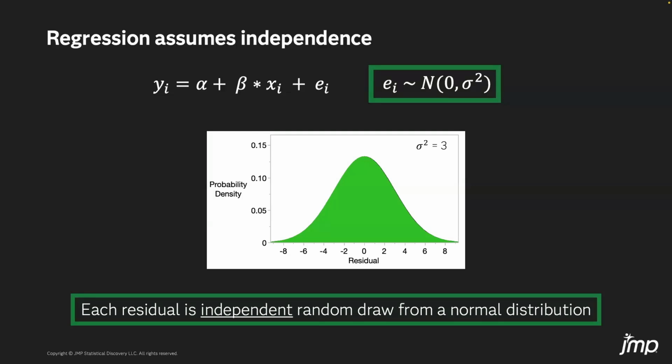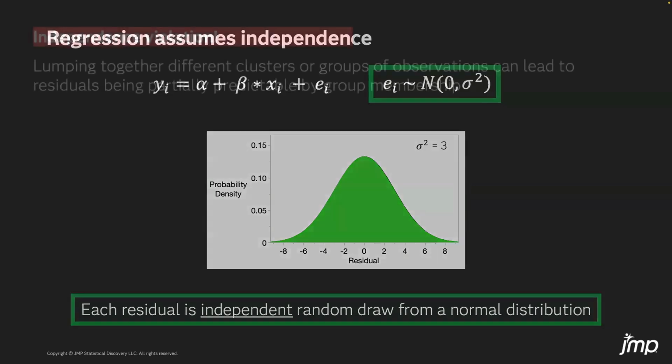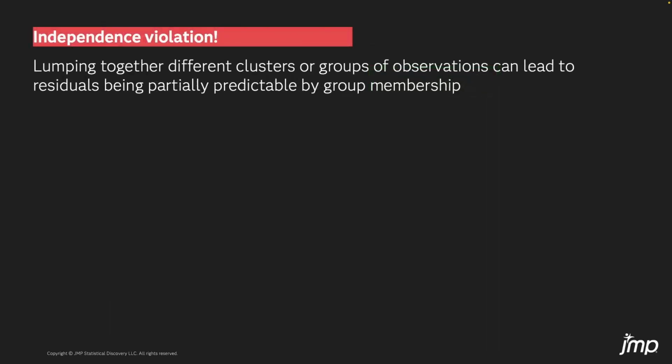There are, as I mentioned, a couple primary mechanisms through which we can violate independence. So I'm going to highlight both of them really briefly here, and then we'll dive into each in more detail and see how mixed modeling can actually help address these issues. So the first type of violation we're going to talk about is with respect to grouping or clustering of observations.